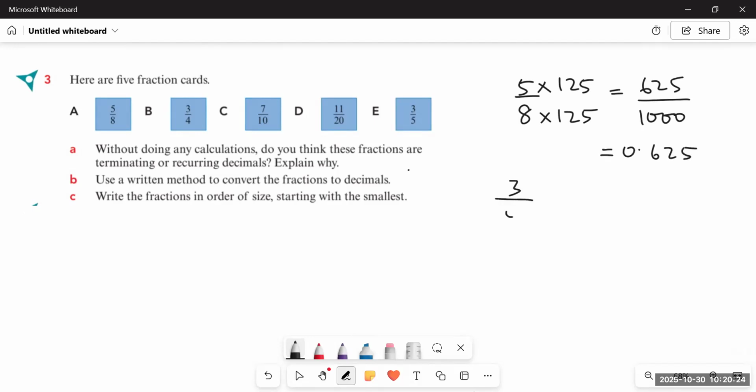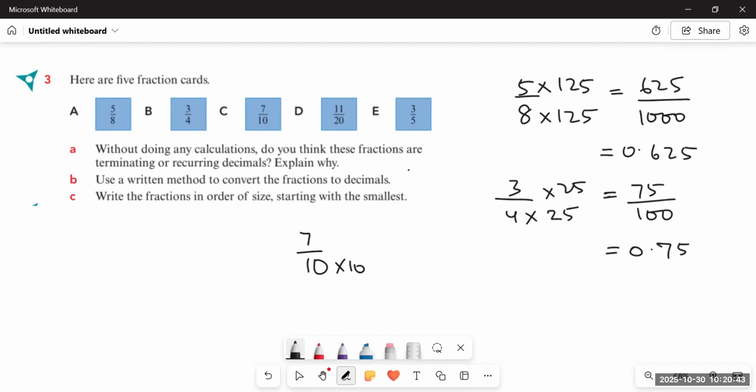3 over 4 multiplied by 25. 75 over 100. And that's 0.75. You see? These are all terminating decimals. Again, 7 over 10. Or you don't need to multiply it by 10. 7 over 10 is 0.7.